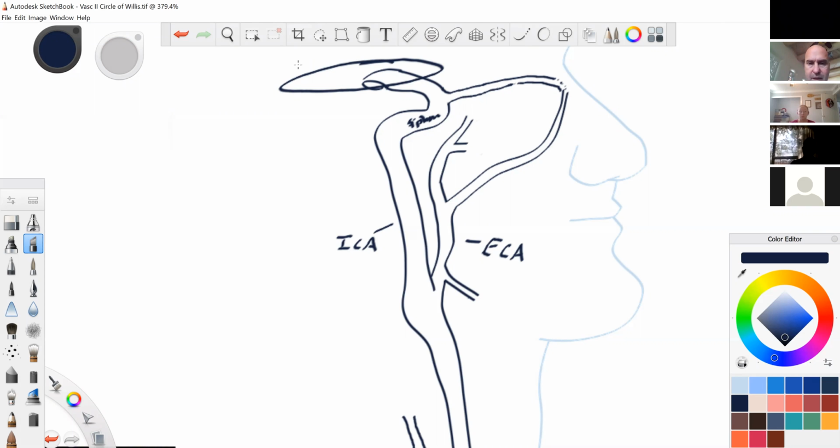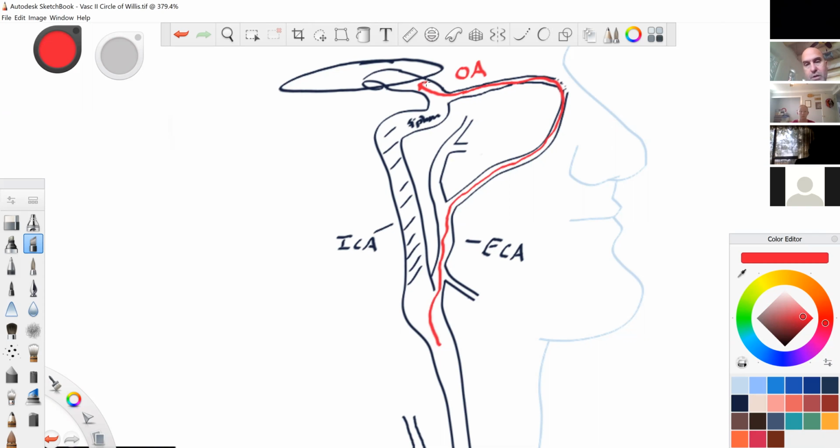But we learned before that if the ICA is in fact completely occluded, blood can find its way through the facial artery, past the eye, into the ocular artery, and back into the circle of Willis.